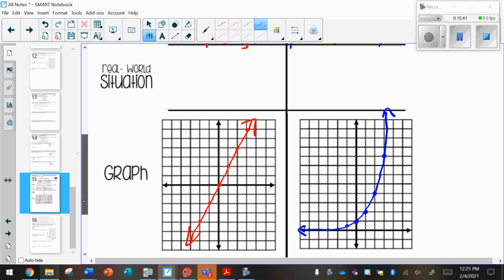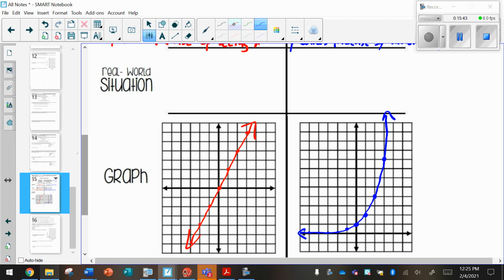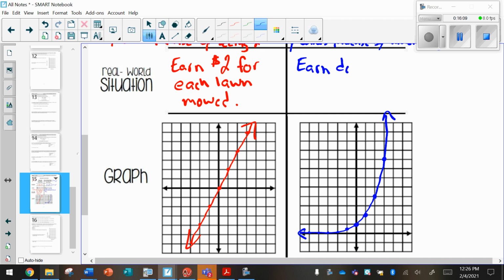Now, a real world situation that we can apply to this, let's say you're mowing lawns and you earn, let's stick with the $2 for each lawn that you mow. Every time you mow a new lawn, you add $2 onto your dollar amount. For the exponential, you're going to earn double the previous amount.